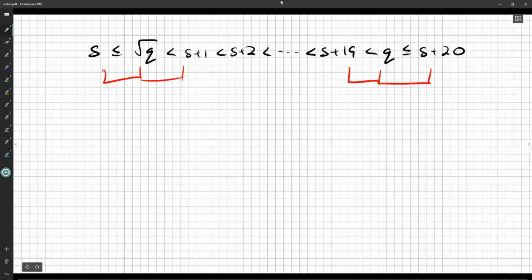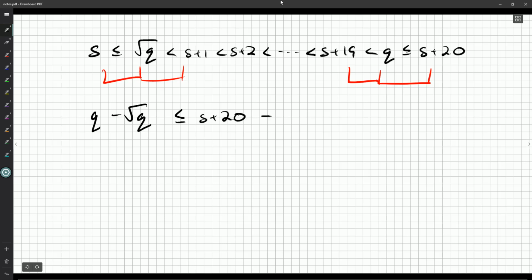So the gap between q and root q in terms of size is q minus root q. We know q is the bigger one; they tell us that. Now, I know q has to be less than or equal to s plus 20. And I know root q has to be at least as big as s.